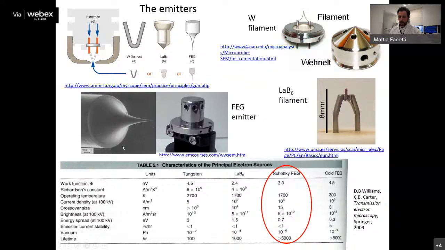By heating up and applying a very intense field, we can extract electrons out of the emitter, and we can generate a current of electrons, which are the electrons of our beam. The typical emission current in a standard SEM is in the order of 50 microamperes. So this is the number of electrons per second which are coming out of our field emitter.